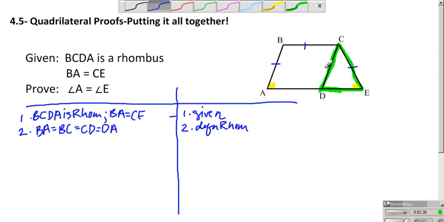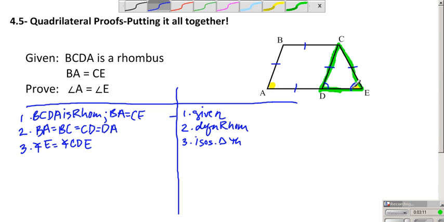BA has a single slash, single slash, single slash. Now I do know that this triangle out here in the green is isosceles. What's true about the base angles of an isosceles triangle? Well, they're equal. So angle E is equal to angle CDE, and I do have to use 3 there because there are many angle Ds, and that is by the isosceles triangle theorem.